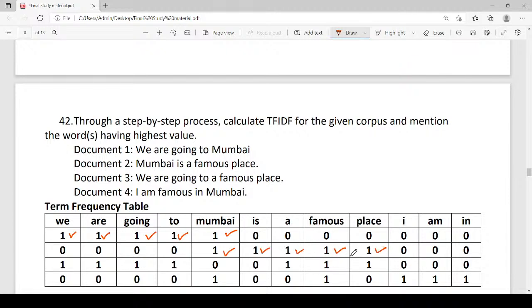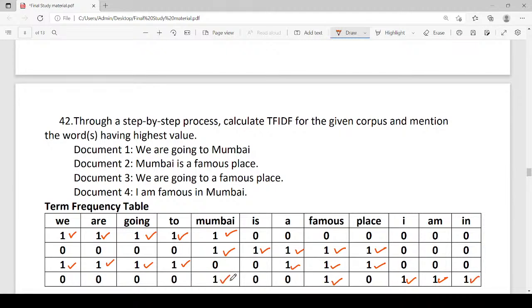Mumbai is a famous place. Then the third one, we are going to a famous place. Now note here again, there is no word getting repeated. And the last one, I am famous in Mumbai.